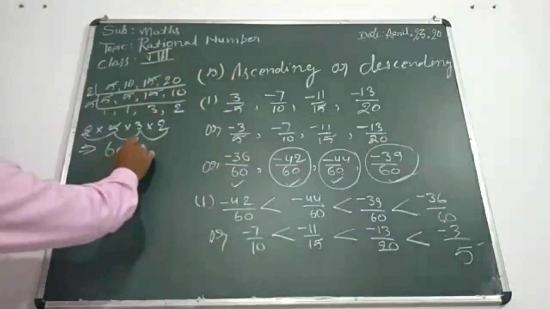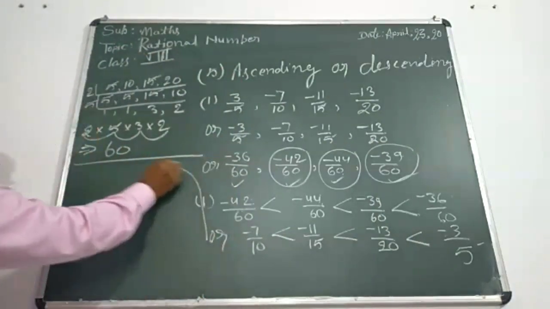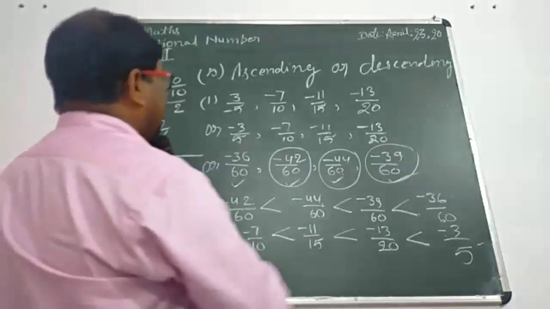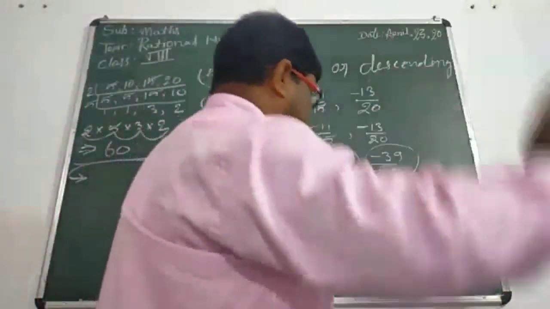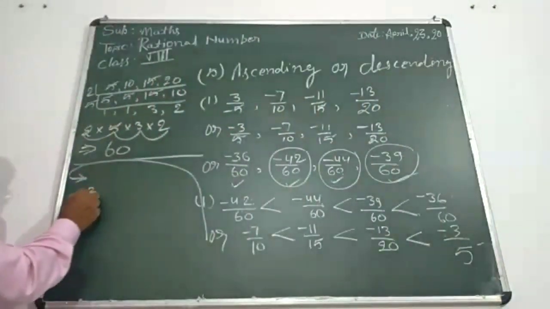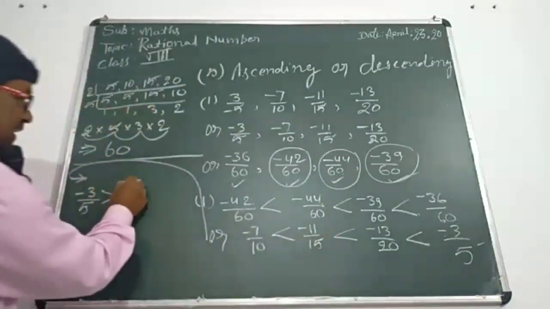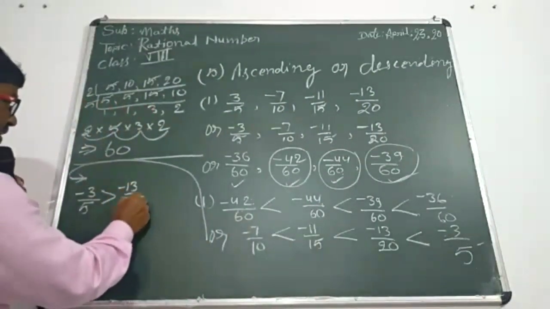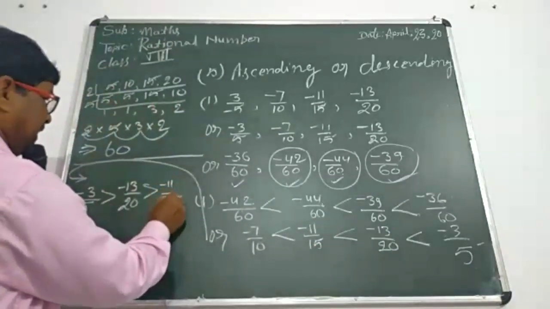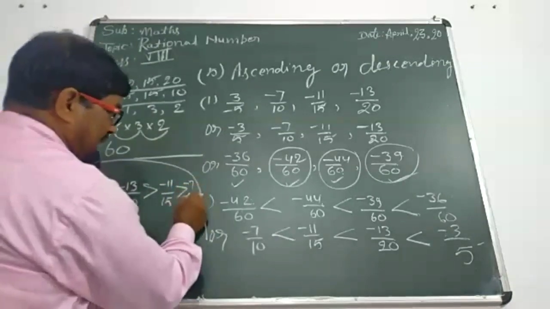Now, mind the descending order. In the same way, descending means decreasing. It means minus 3 upon 5 is larger than minus 13 upon 20, is larger than minus 11 upon 15, is larger than minus 7 upon 10.